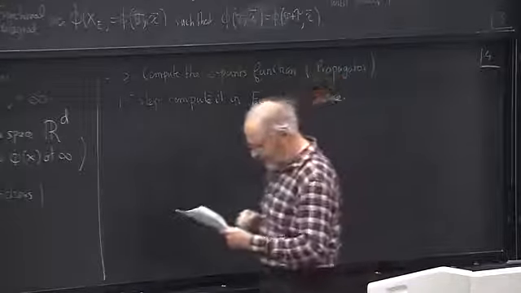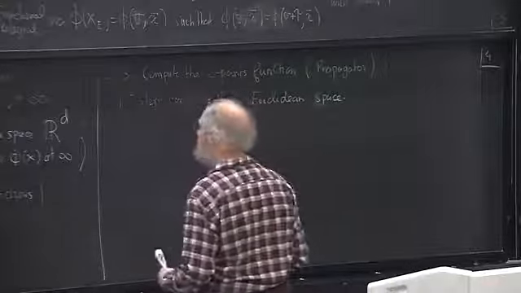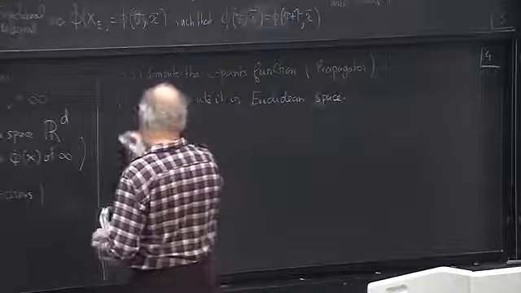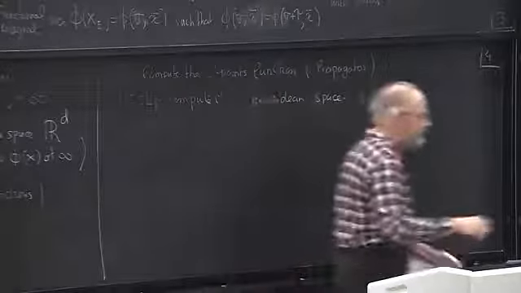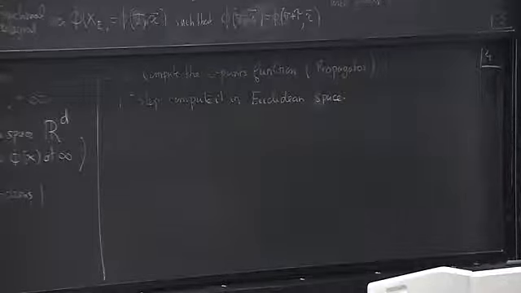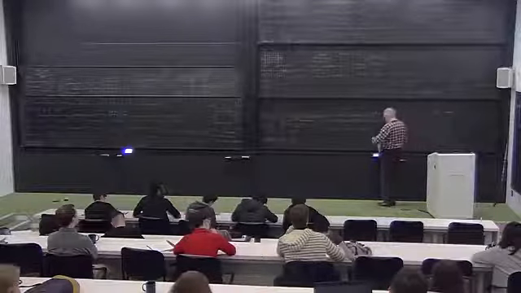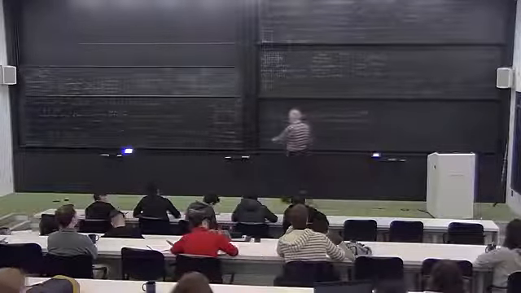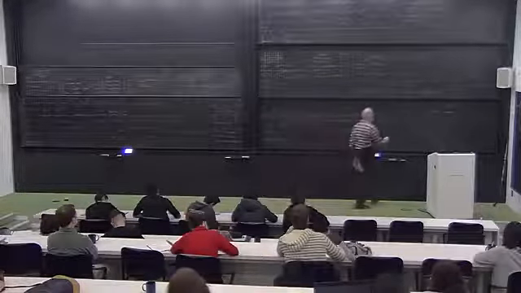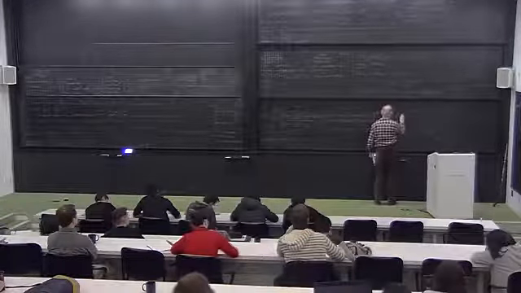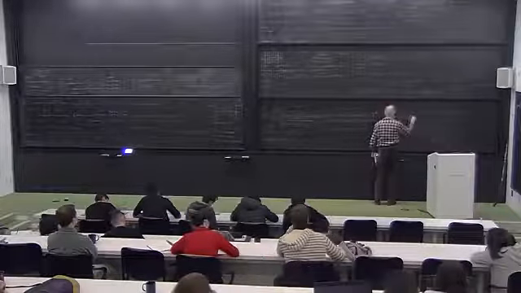Okay, so I have my Euclidean spacetime, this is R^D, and I have two points, let's call them x1 and x2. And I'm interested in computing the vacuum expectation value, so the matrix element 0, 0 of phi of x1, phi of x2.